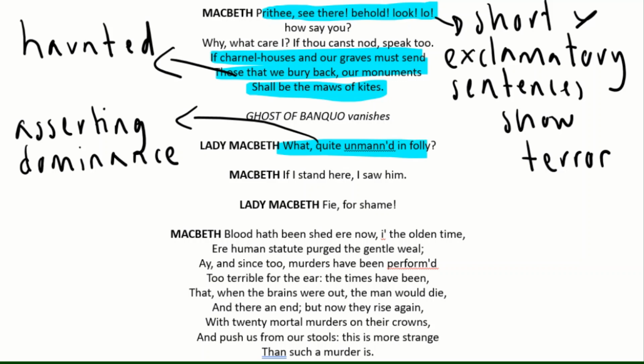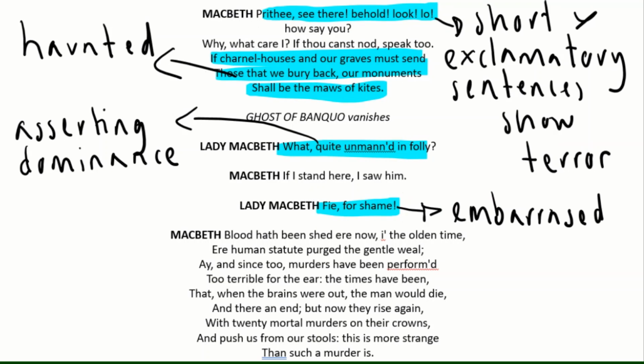And more specifically, she's embarrassed by Macbeth. She's embarrassed because the behaviour that he's exhibiting creates a negative impression of his ability to rule the country.